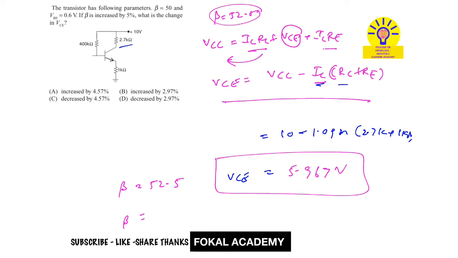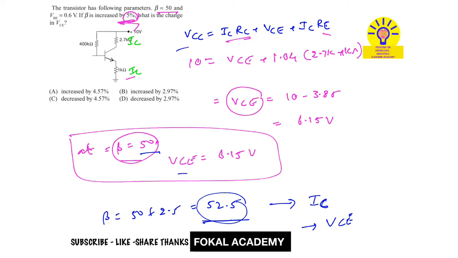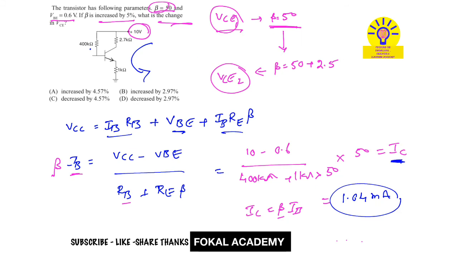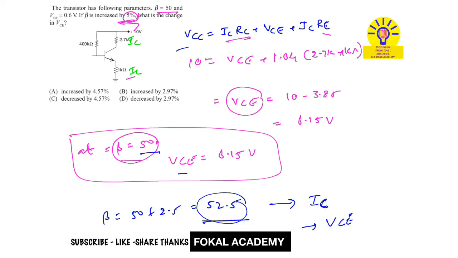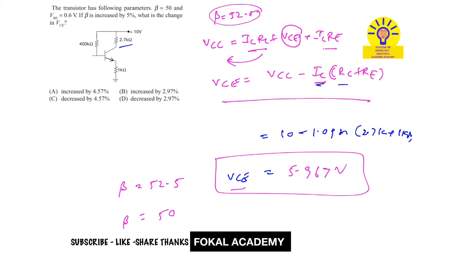For beta equal to 50, we got VCE as 6.15 volts. Now what is the change? How much percentage is it going to change here?